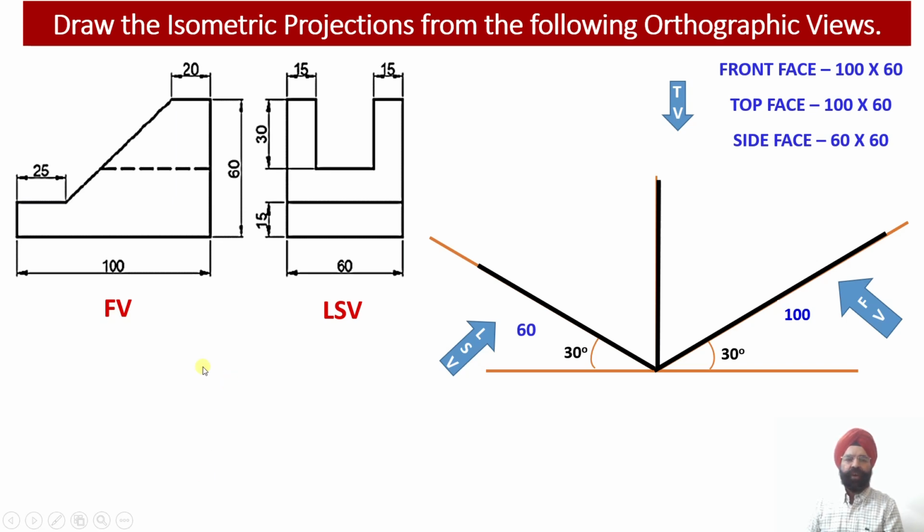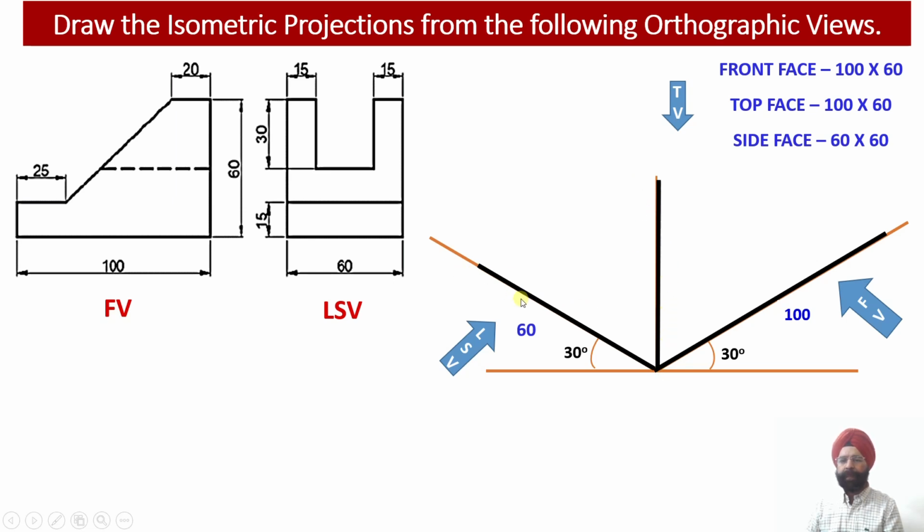Now we can check from the given orthographic views that we have been provided with the front view and the left hand side view. This left hand side view has been drawn on the right side of the front view projections. Since we have been provided with the left hand side view, we have to draw the left side projections corresponding to the face, that is the x-axis and the y-axis, the xy plane, right?